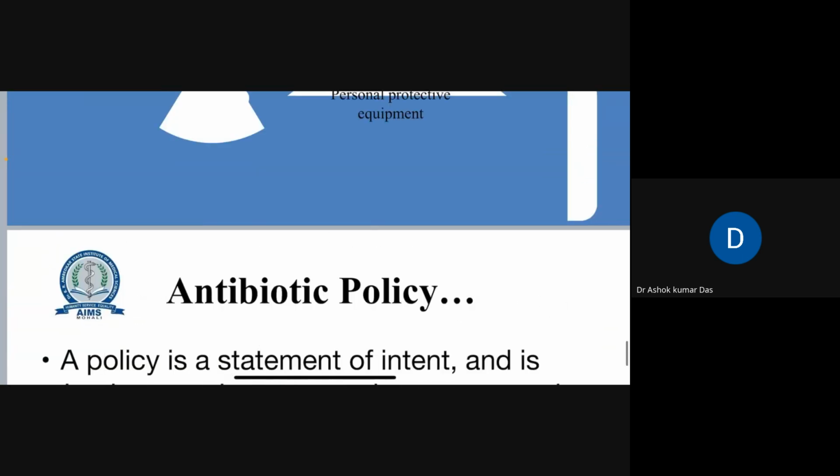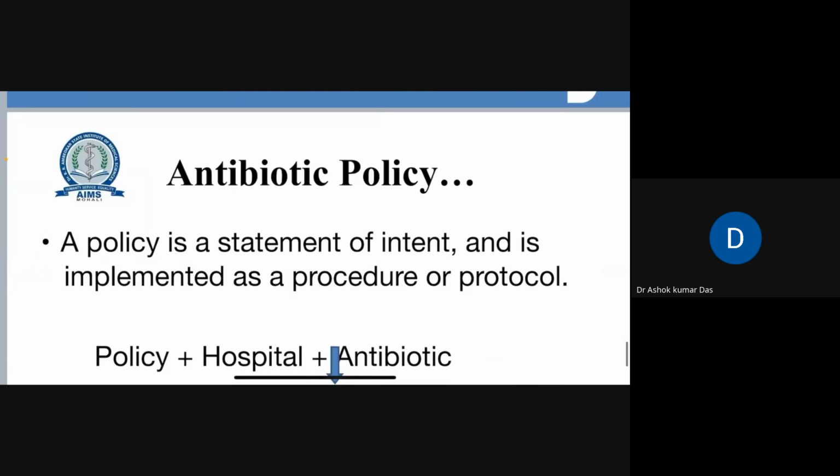Last thing, because all the time I'm saying we need to reduce HAI, healthcare associated infections. Why is everybody so worried, and why is IPC being given so much importance in today's era? Because another problem everybody is facing is AMR, antimicrobial resistance.